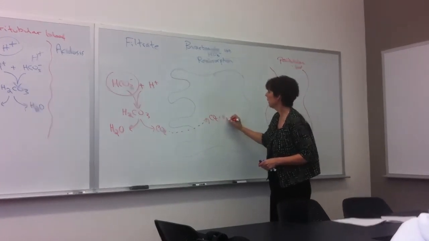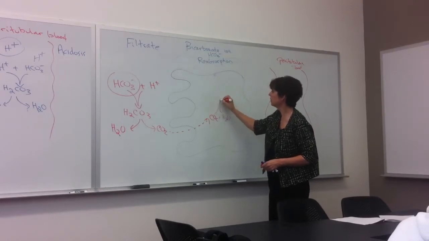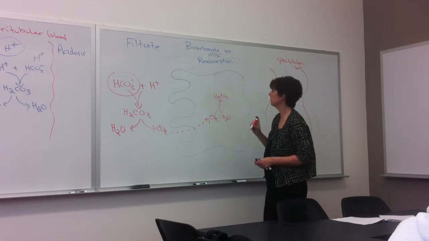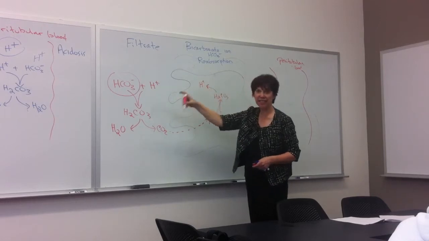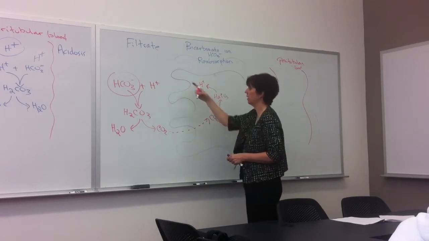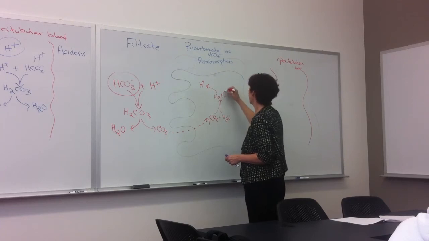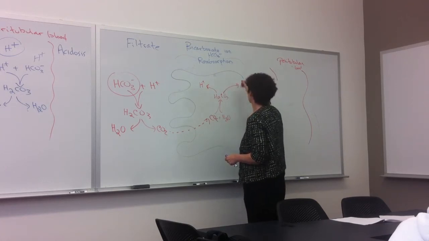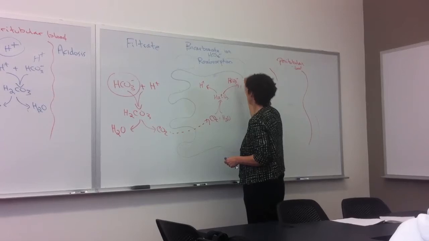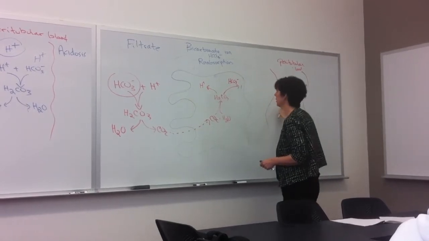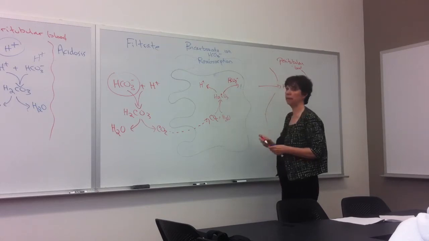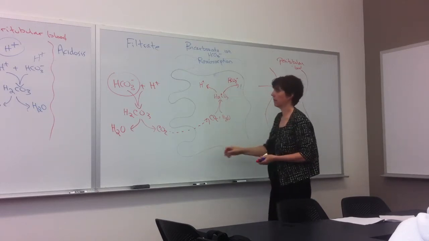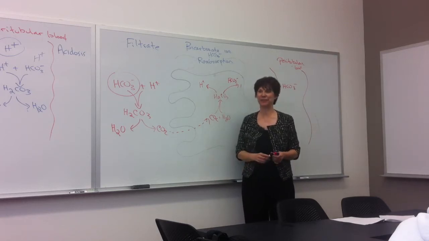CO2 interacts with water in the cell, forms carbonic acid, returns the hydrogen back to the water, and sends bicarbonate ion, a new bicarbonate ion that the blood has not had before, to the blood for buffering. Okay? But it uses the same channels.